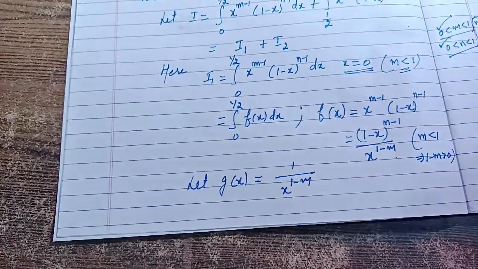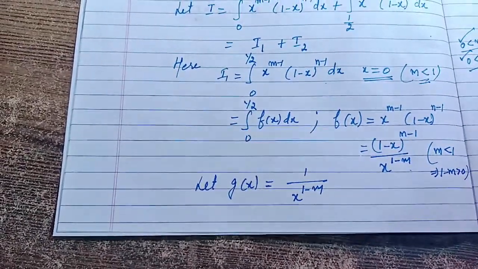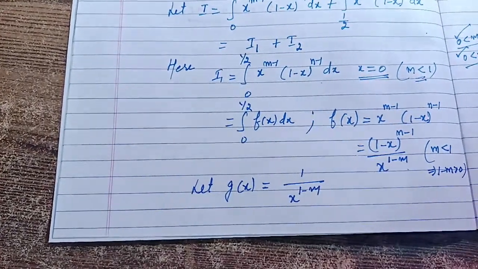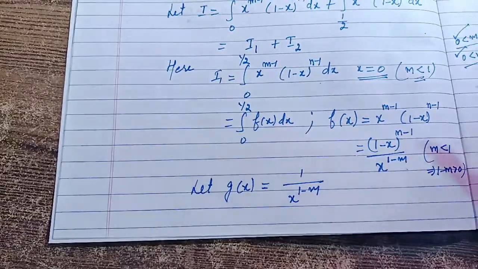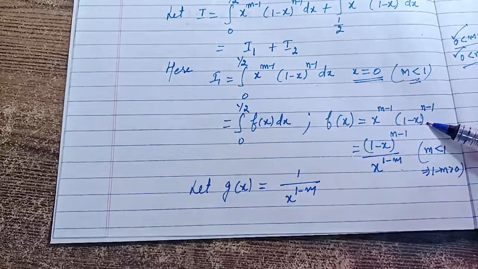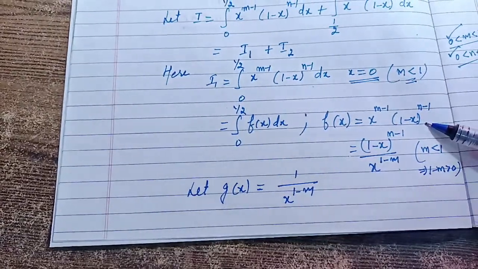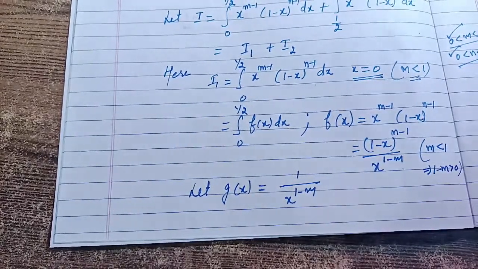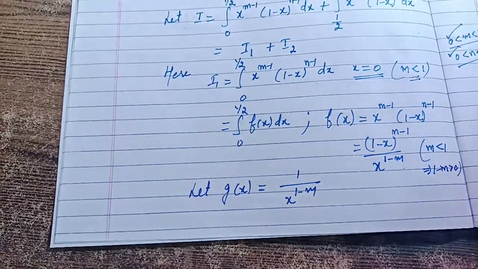So the next step is what? We have to reduce this f(x) to rational form. So either you take this term in the denominator or you take that term in the denominator. This is according to the point of infinite discontinuity, because here x equal to 0 is the point of infinite discontinuity.